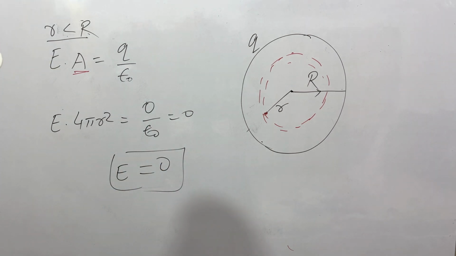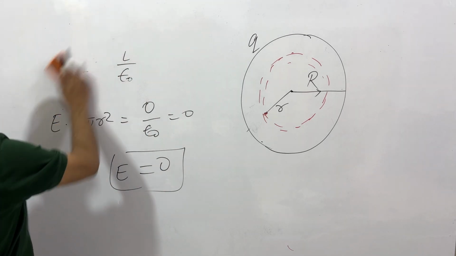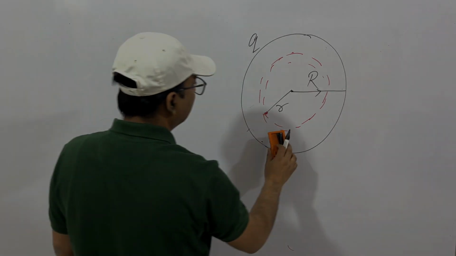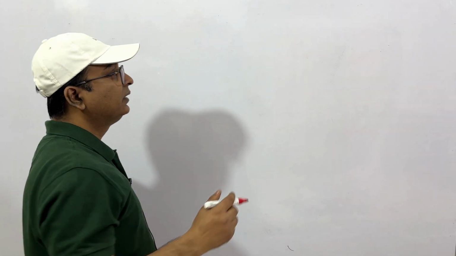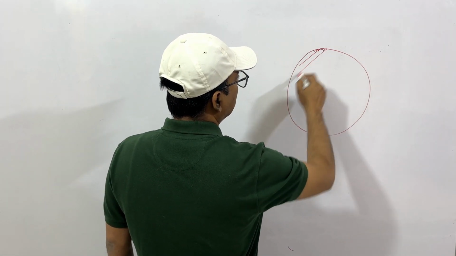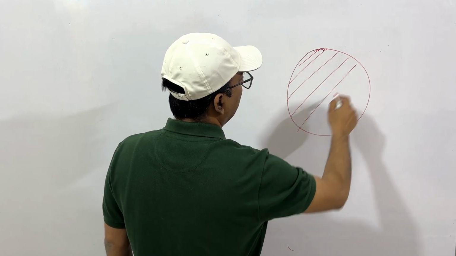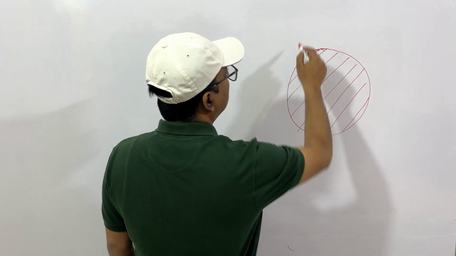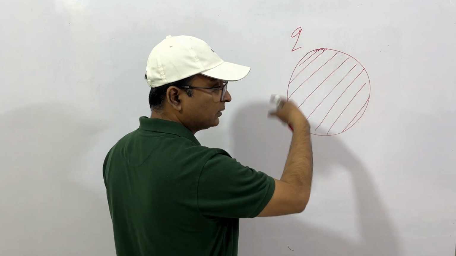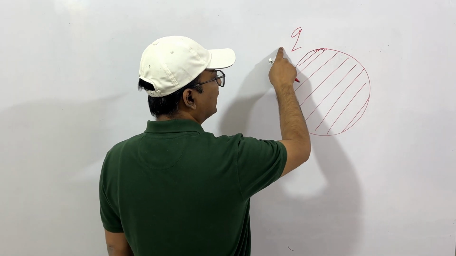Okay. Now let's see what if this is a solid sphere. Now what if this is a solid sphere? It is a solid sphere and the charge q is spread across this sphere. It is volume charge density.